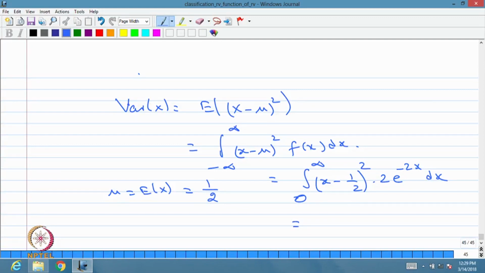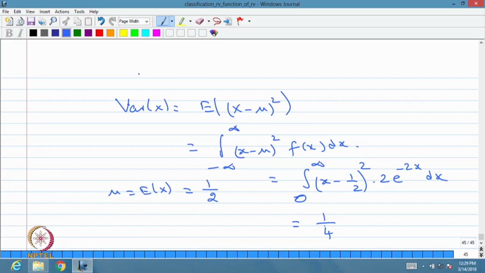If you do the simplification of this integration, you will get the value 1 by 4. Therefore, for the continuous type random variable whose probability density function is 2 times e power minus 2x when x lies between 0 to infinity, the mean is 1 by 2 and the variance is 1 by 4.